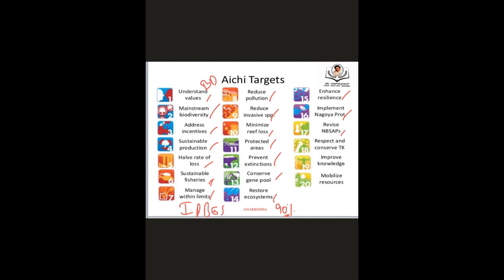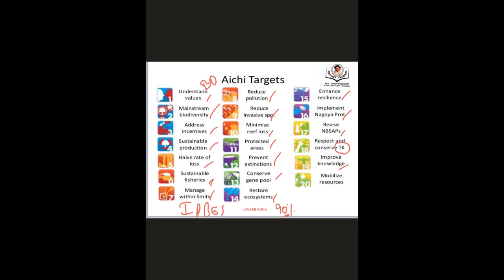Then revise NBSAPs. What is this NBSAPs? Nothing but National Biodiversity Strategy and Action Plans. These action plans need to be revised timely according to the requirements. Then respect and conserve traditional knowledge. A very, very important one: we need to give respect and we need to conserve the traditional knowledge.